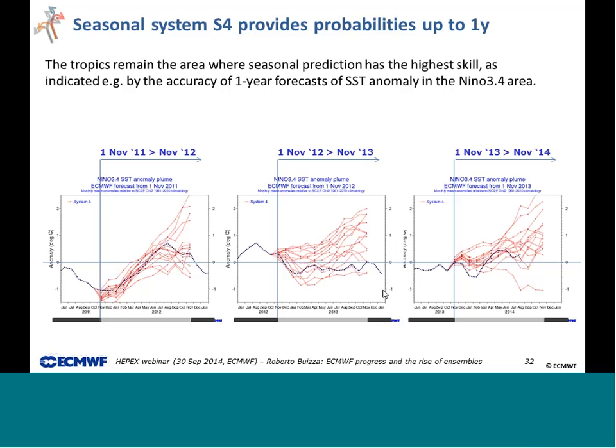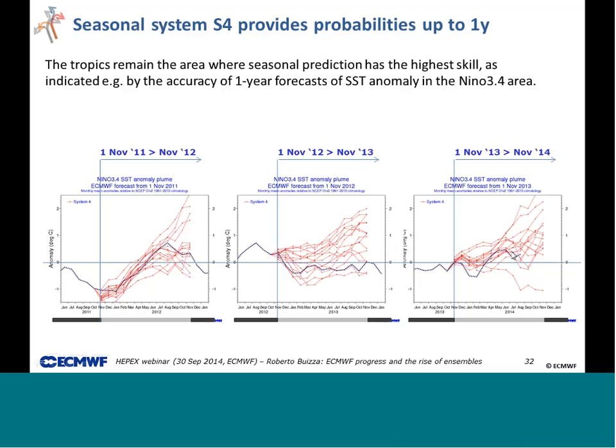How successful are we in this? Well, we are very successful in predicting some phenomena, especially over the tropics. For example, El Niño. Here you see four consecutive one-year forecasts of El Niño. In dotted, you see the observed SST average over a region in the middle of the Pacific, and the 15 seasonal forecast members, forecast from November 12, valid up to November 13, forecast issued last year for this November.